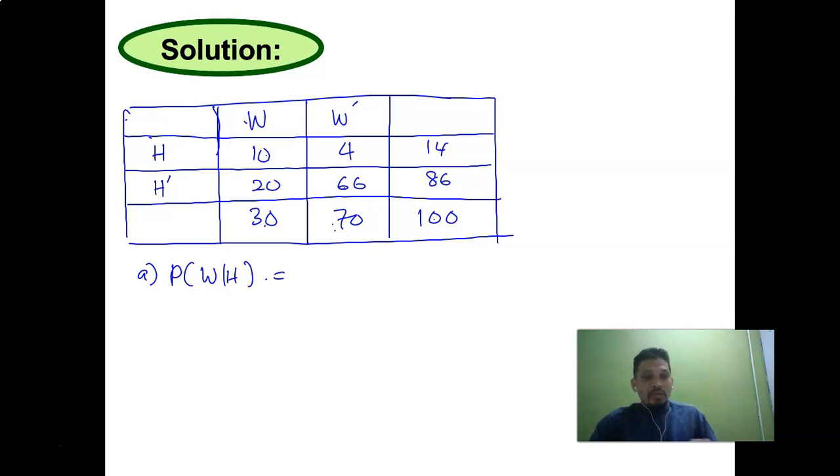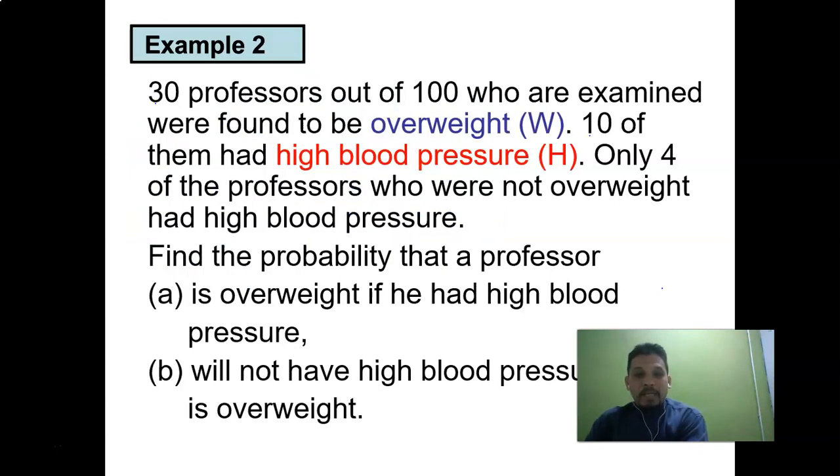So, according to the question, find the probability that the professor is overweight if he has high blood pressure, meaning high blood pressure has already occurred, but then this will occur.